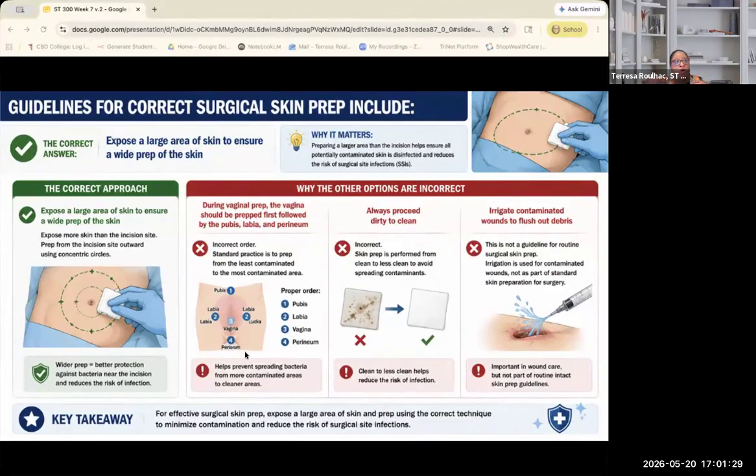Remember, I gave the example of a laparoscopic case, right? You have just a small incision site, but we're still going to prep the entire abdomen because you just never know. Now, when we prep the skin, do we start dirty to clean or clean to dirty?